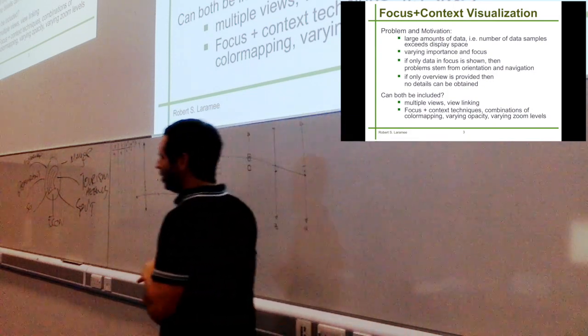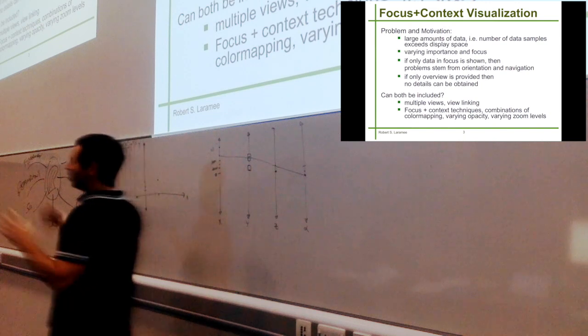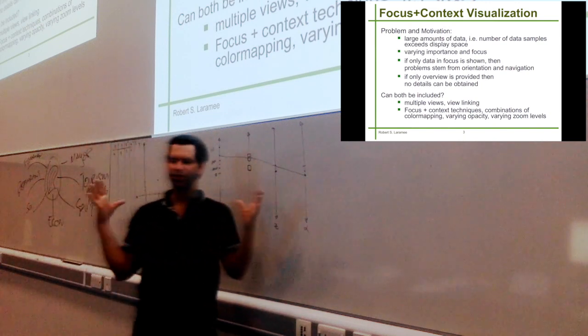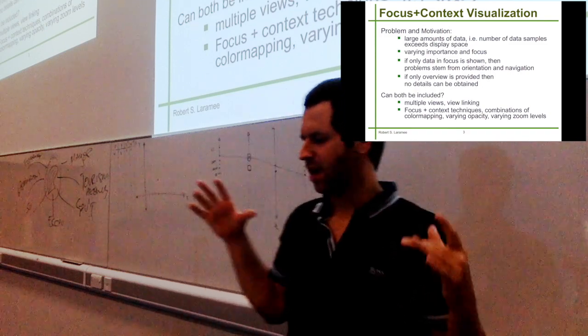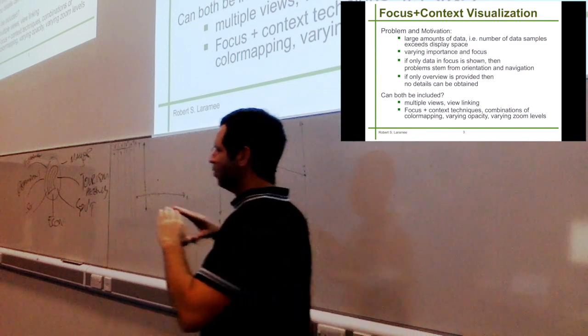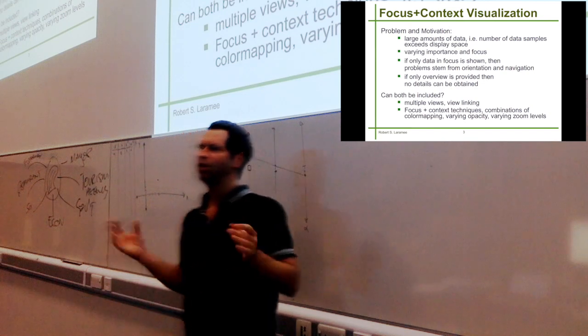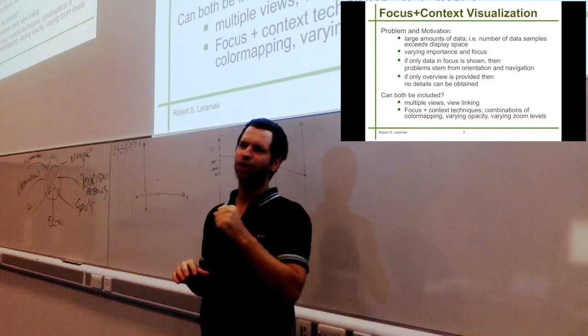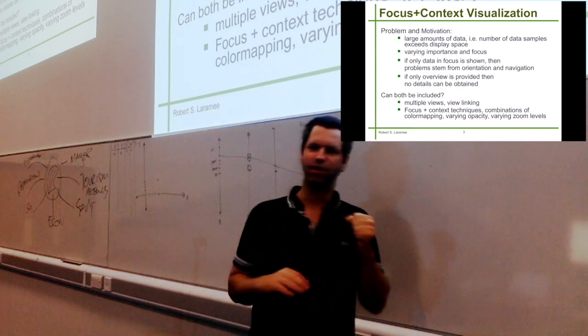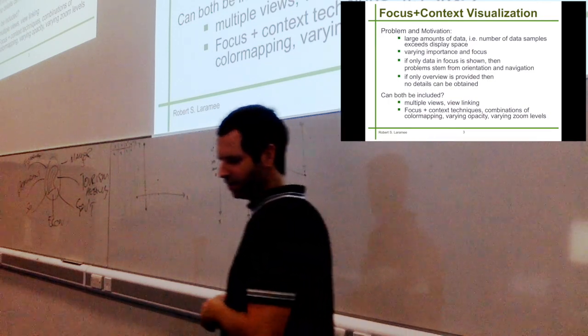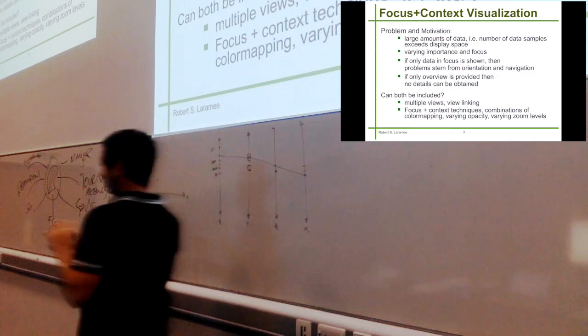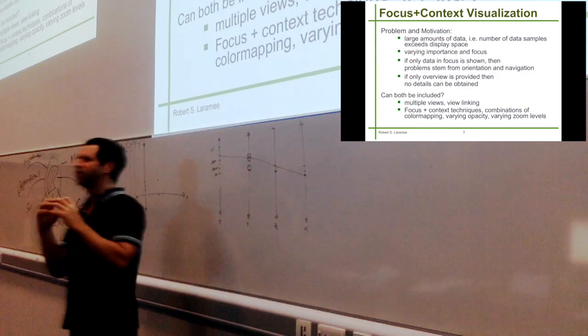However, on a mobile phone, for example, you cannot get all the data that you want if you cannot see all the context. And there might be times where if you show only the overview, you cannot get all the detail you want in a region of interest that you're focusing on, or that happens to be very important. So focus and context is kind of a way to resolve this tension.